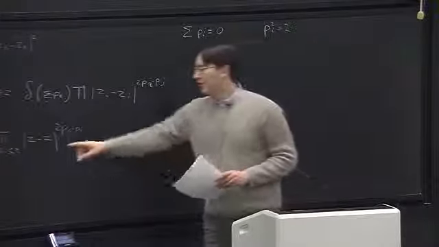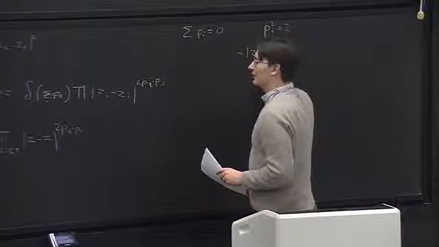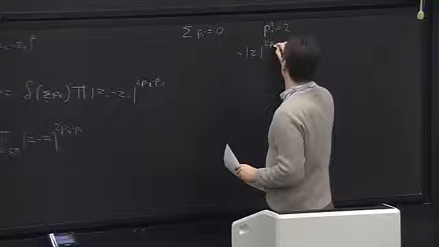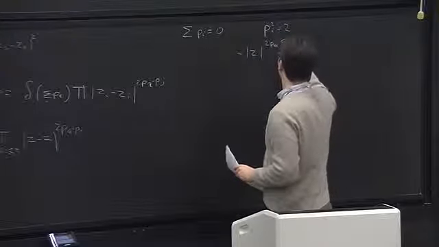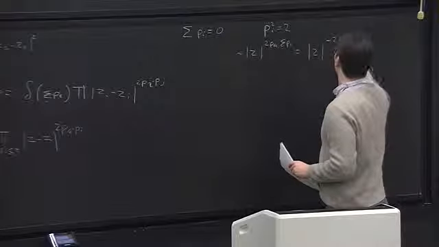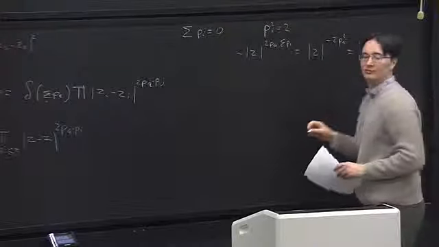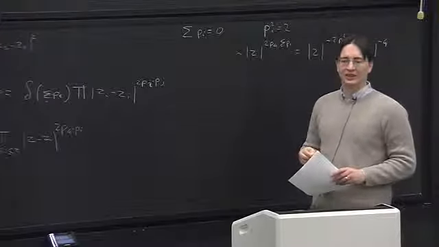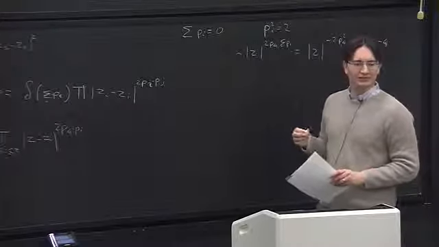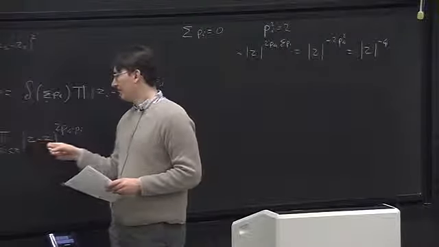The behavior at infinity is like z to the 2 times the sum of pi, which is z to the minus 2 times the square, which is z to the minus 4. So this integral definitely converges at infinity. That's fine. What about when z hits the zi?